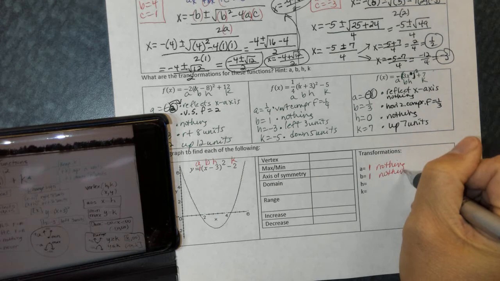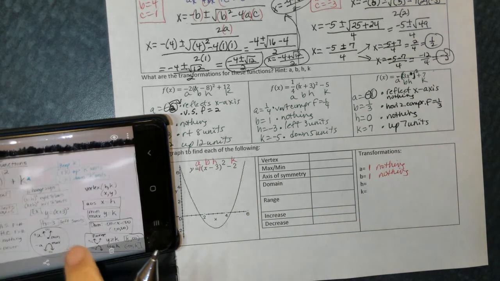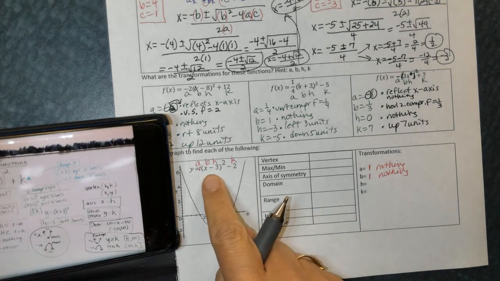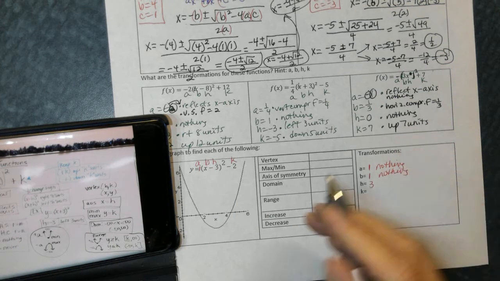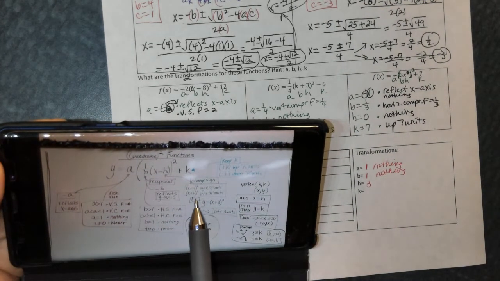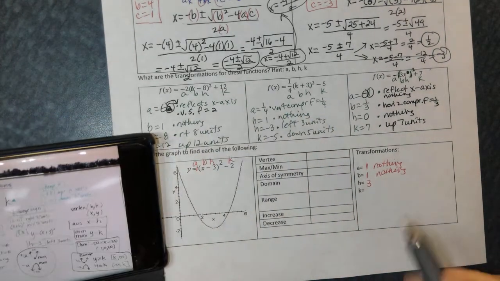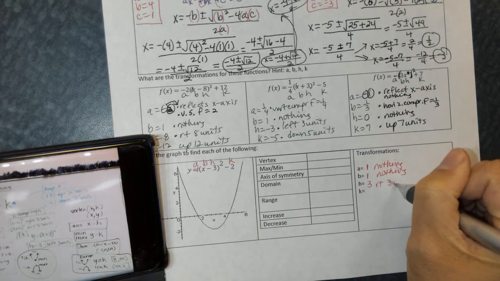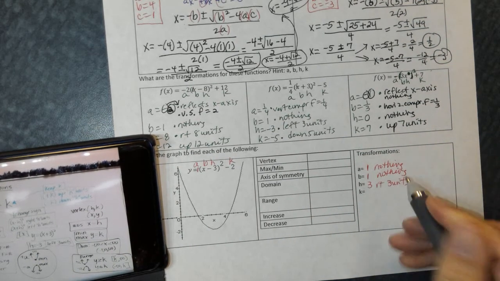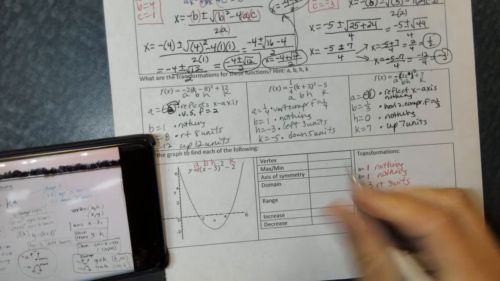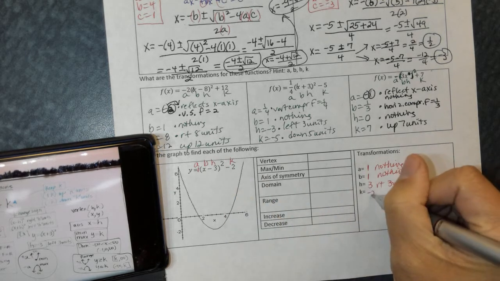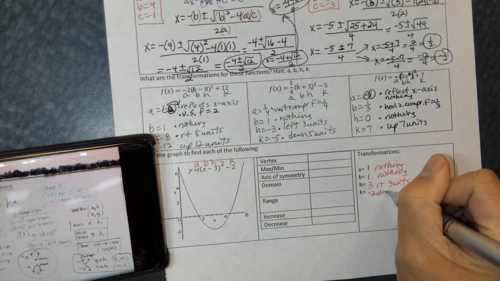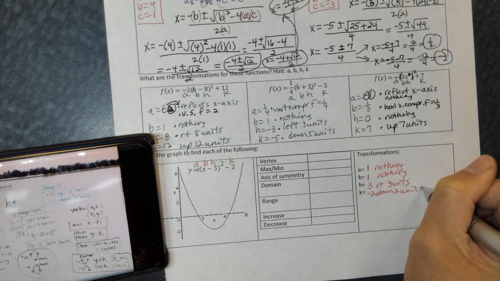It does nothing. H, opposite of -3, is a +3. So remember, +3 means it goes to the right. Right 3 units. K, keep it the way it is. It's a -2, and that goes down 2 units.